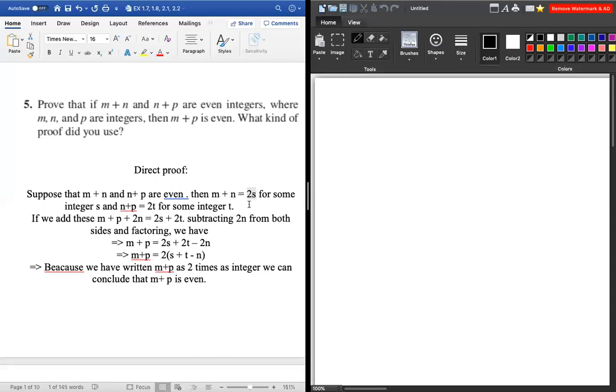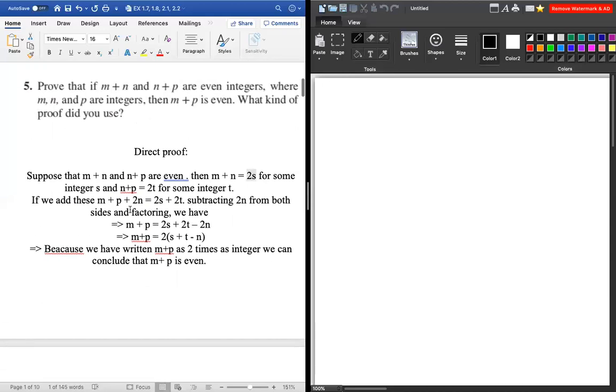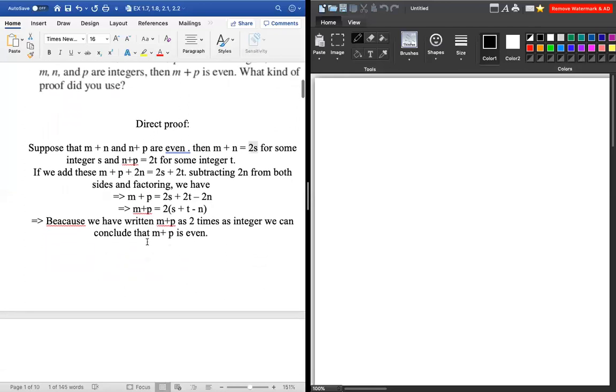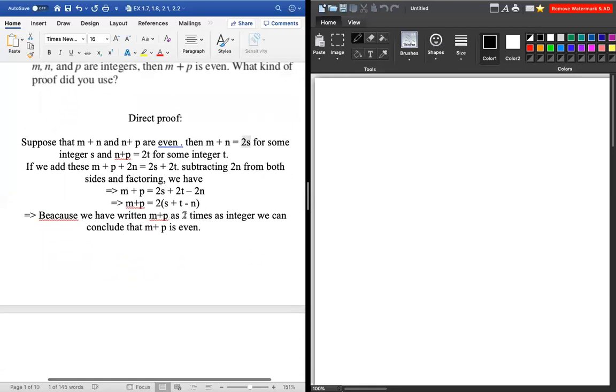So this is just to make sure that the number is even. Okay, and then we add these together, and then we factorize it, and because we were able to write this as 2 times an integer, we know that m plus p is even.